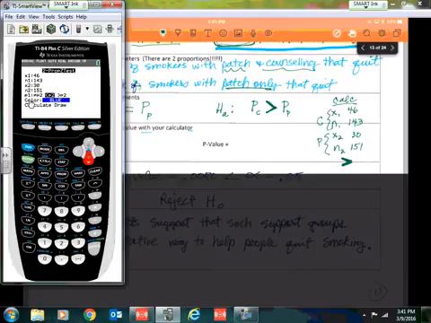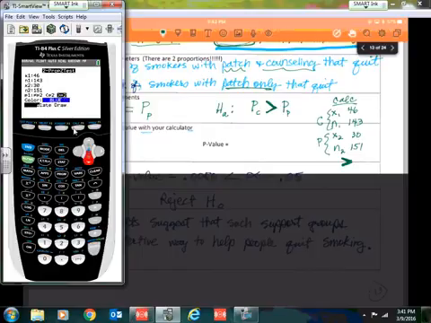Now, on this next thing, you have options for your tails. This one is saying proportion 1 is not equal to proportion 2, which we haven't really had. The next one is less than, and we were wondering about it being greater than. So I'm going to move my cursor over to the greater than. That means proportion 1 has a greater success rate than proportion 2, and I'm going to highlight that.